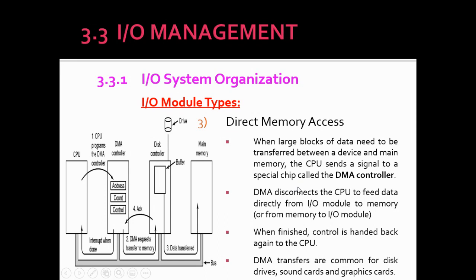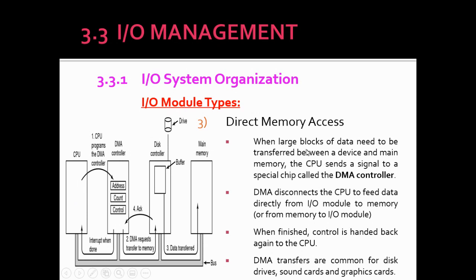So what happens? If there is a need to transfer a large amount of data from the input output device, you have to understand that each process that needs to be processed by the CPU will go through the CPU first, and then it goes inside the memory to be stored.